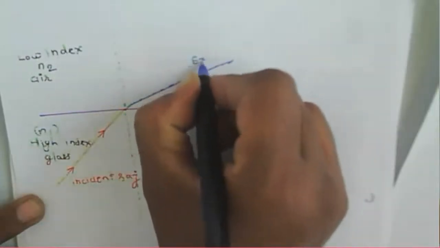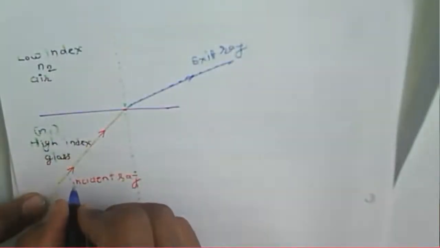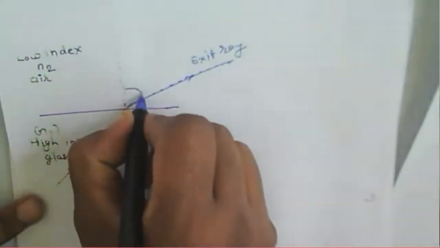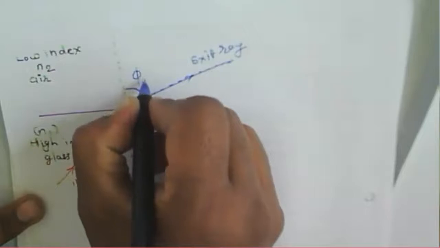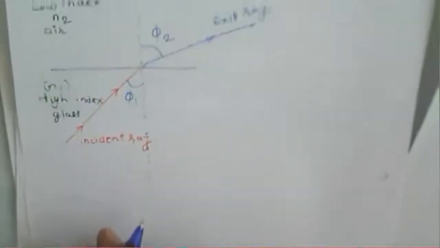This is your exit ray, and this is the incident ray. The values of the angles are phi 2 and phi 1.